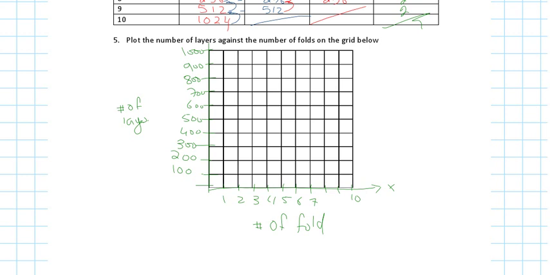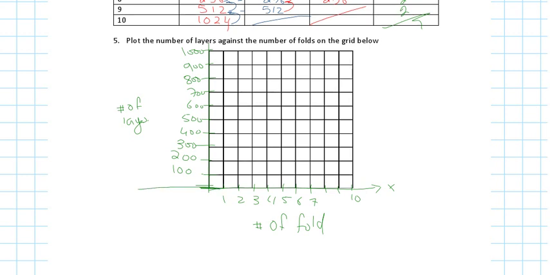So if I have 1 fold, I had 2 layers, so it's very, very close to this line, because remember this is 100. 2 folds I had 4.